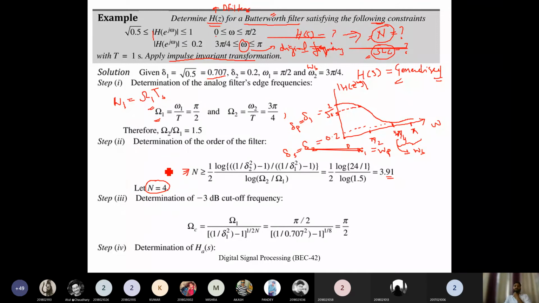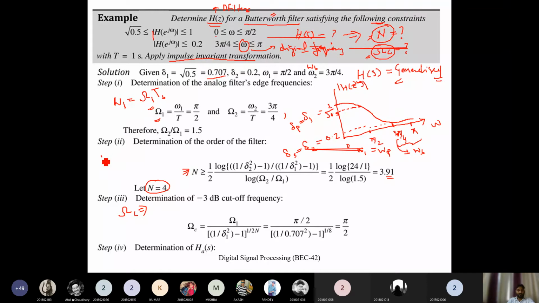Once you know the value of n, that is the order of the filter, we will be calculating the cutoff frequency. For that we know the transfer function given for a Butterworth filter.